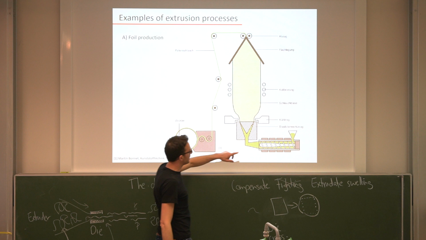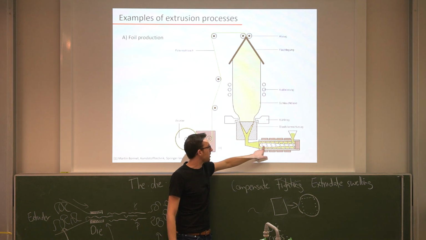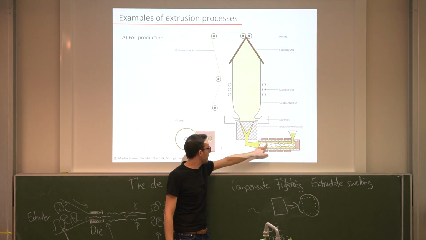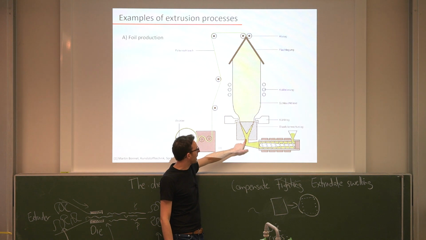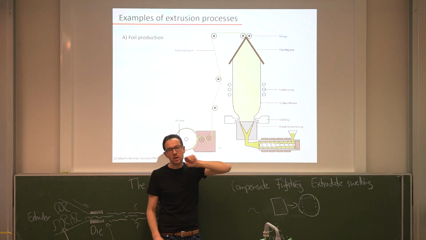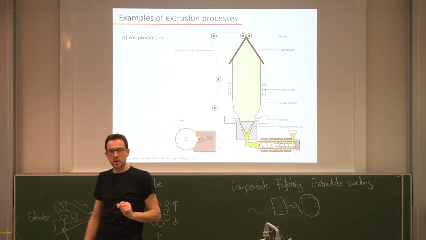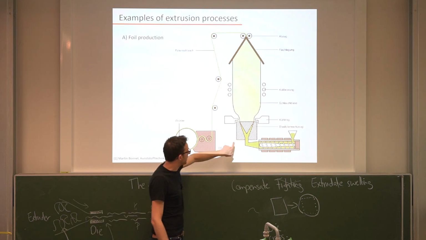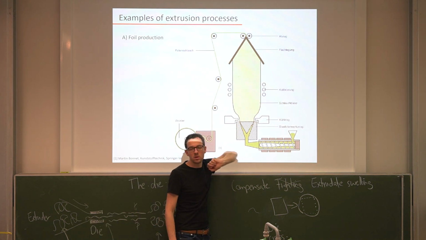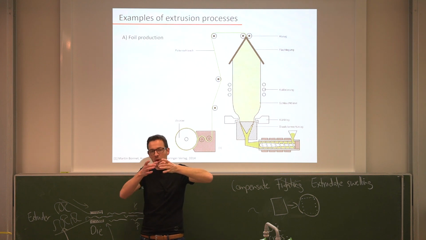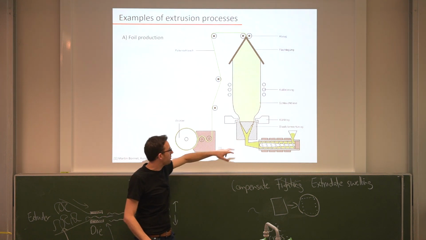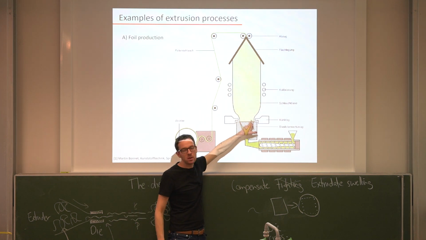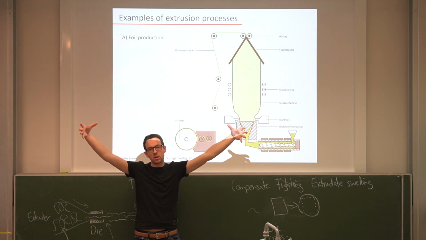And what we see here is we have our extruder. You see the shape of our screw again. Here the liquid polymer comes out, and now instead of having a solid cross-section, the cross-section here is a hollow ring. So it comes out in a ring-like fashion, and then we blow in air in the middle. This air will expand this cross-section more.